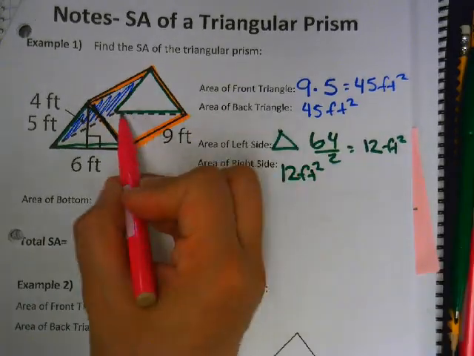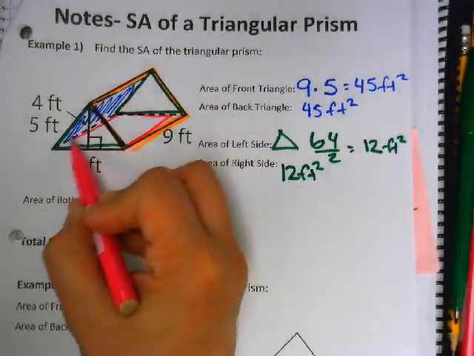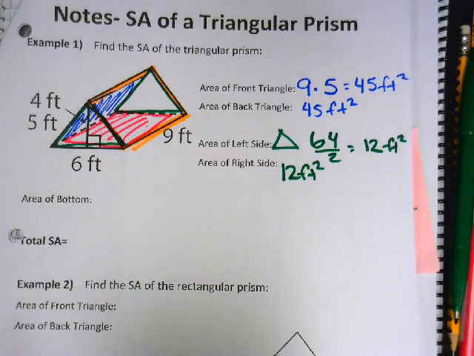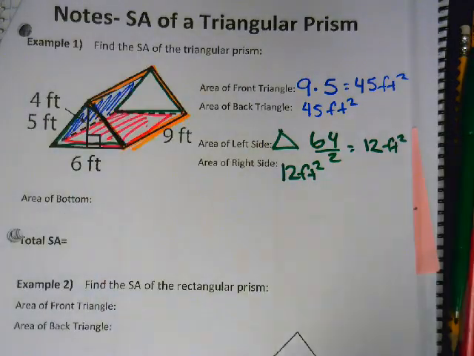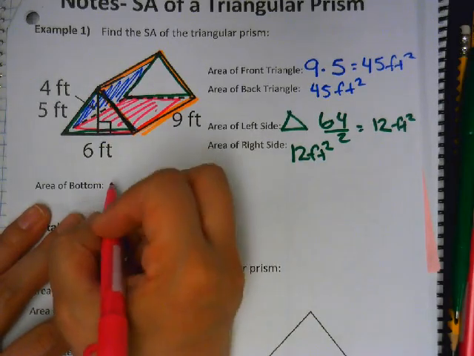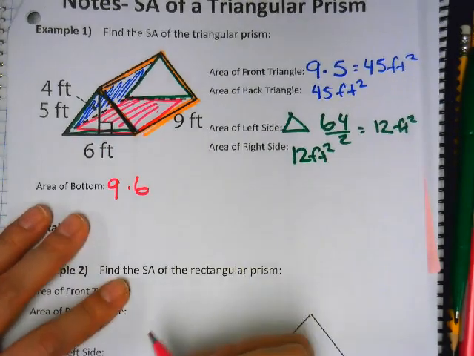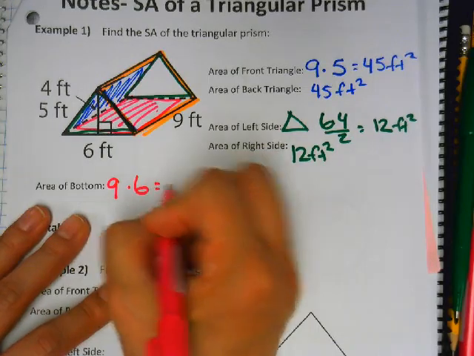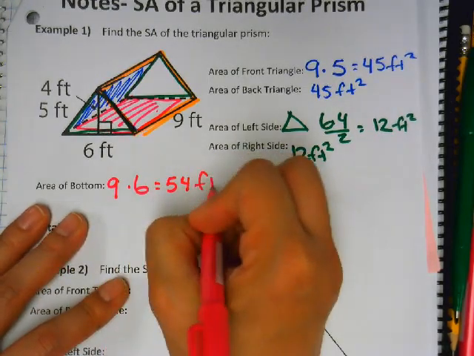That's this part right here. The bottom, what shape is it? Rectangle. So we're not dividing by 2 on the bottom. So what are the two numbers that I need for the bottom? 9 and 6. Very good. What's 9 times 6? 54 feet squared. All right.